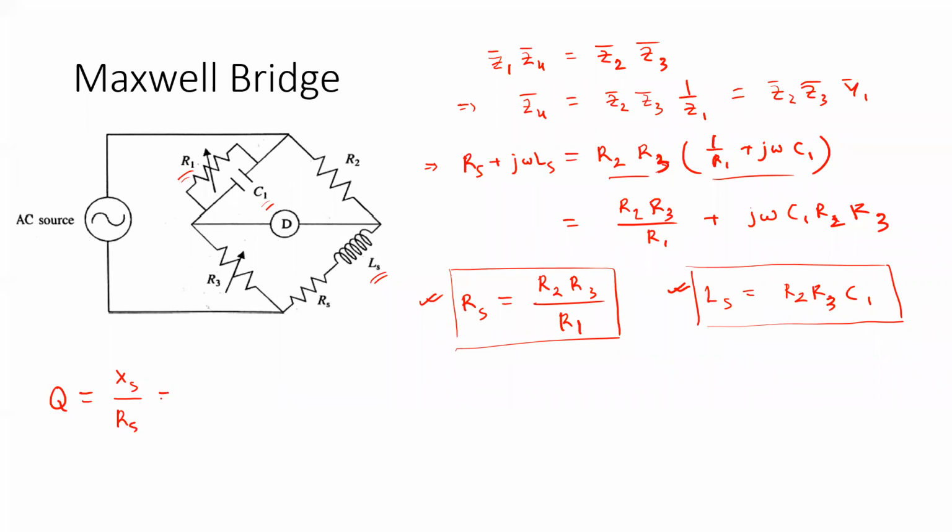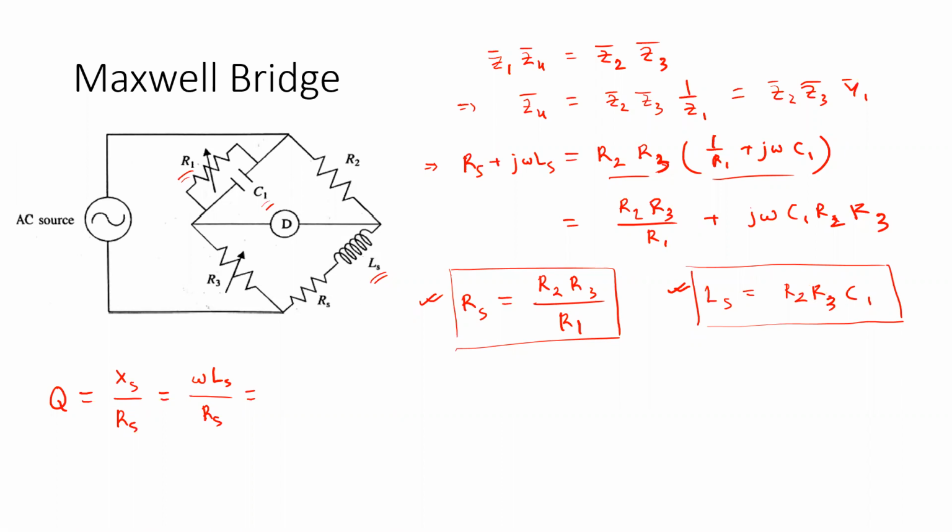So the XS, I can write it to be omega LS, the magnitude of it, and RS, I can keep it like this. Now, instead of RS and LS, we can put these two expressions that we have found over here.